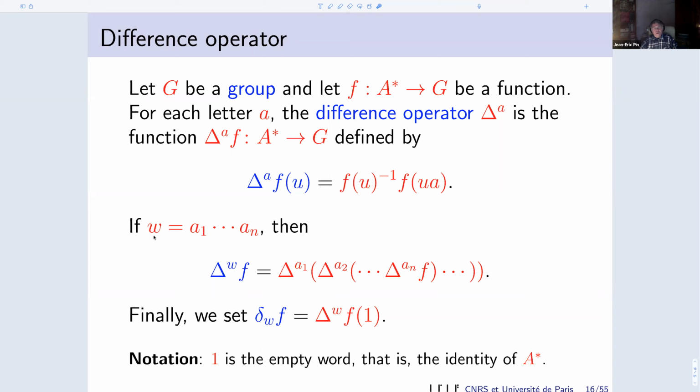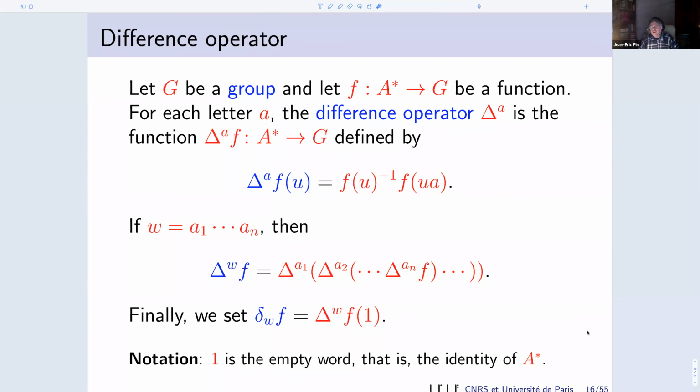And if you have a word W, A1 to AN, you just iterate this operator to get this. Delta W of F is just delta A1 of delta A2, etc. And you remember I also had the lowercase symbol, and they are defined in exactly the same way. Lowercase delta W of F is just capital delta W of F taken at the identity, which is the empty word, 1. Okay?